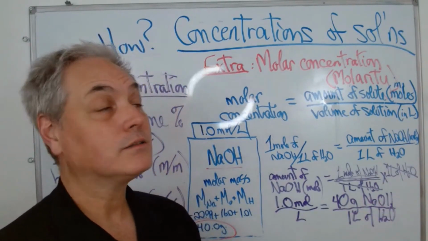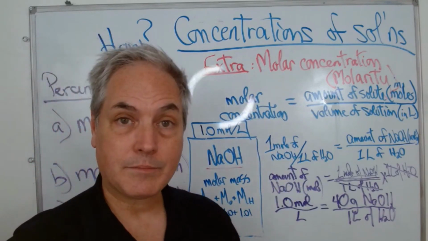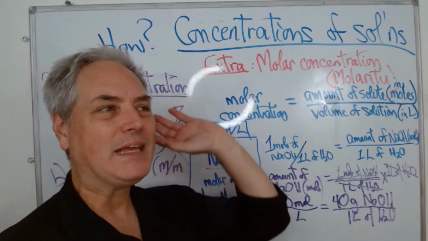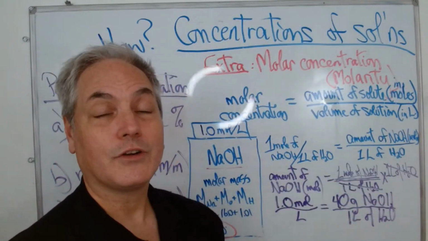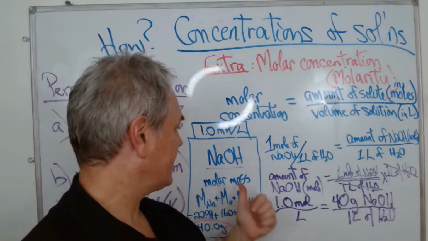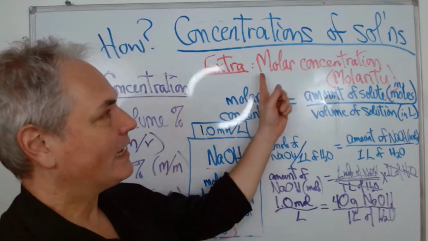And this is how we are working with molar concentration. We're not talking about mass, we're not talking about volumes, we are talking about moles, based on all the work we've done so far with stoichiometry as well as looking at the molar mass of molecules. So there you go, that's the fourth one.